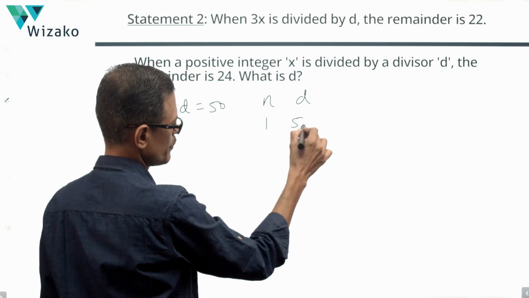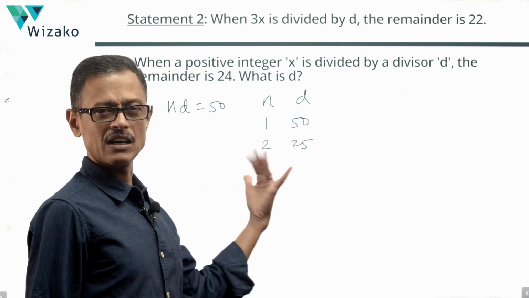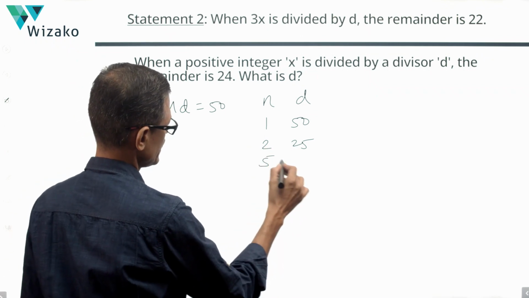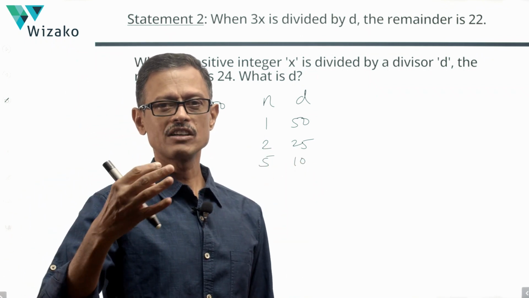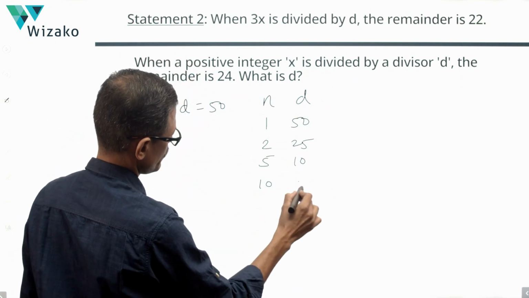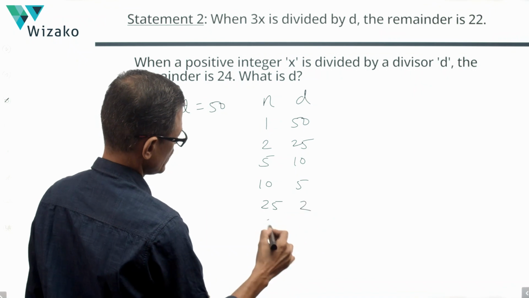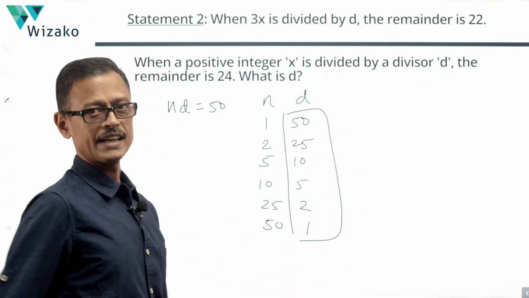Could be 1 into 50, 2 into 25, 3, 4 do not divide, 5 is a divisor, 5 into 10, 6 will not divide 50, 7 will not divide, 8 will not divide, 9 will not divide, 10 we have already got. So these are all the factors. So essentially 10, 5, 25, 50, 1. These are all the possible values that the divisor can take.